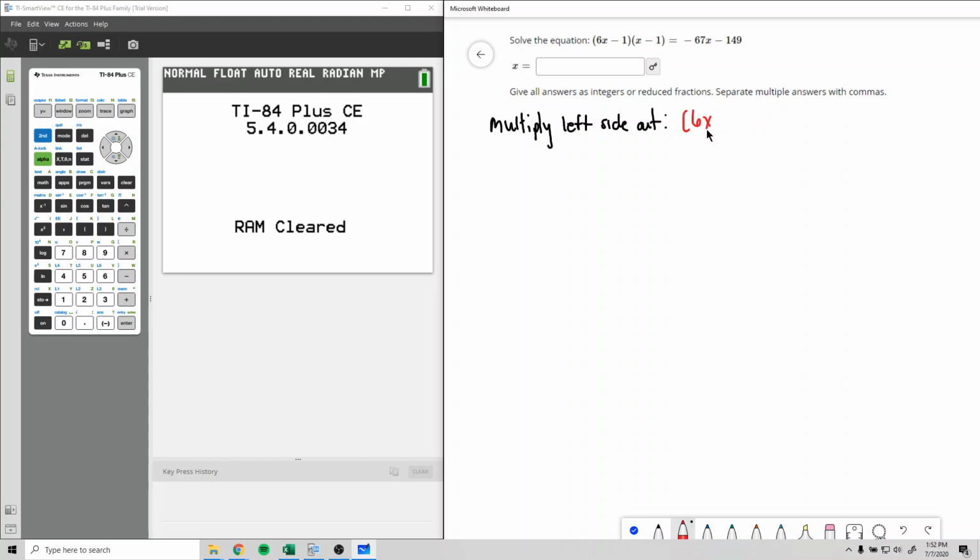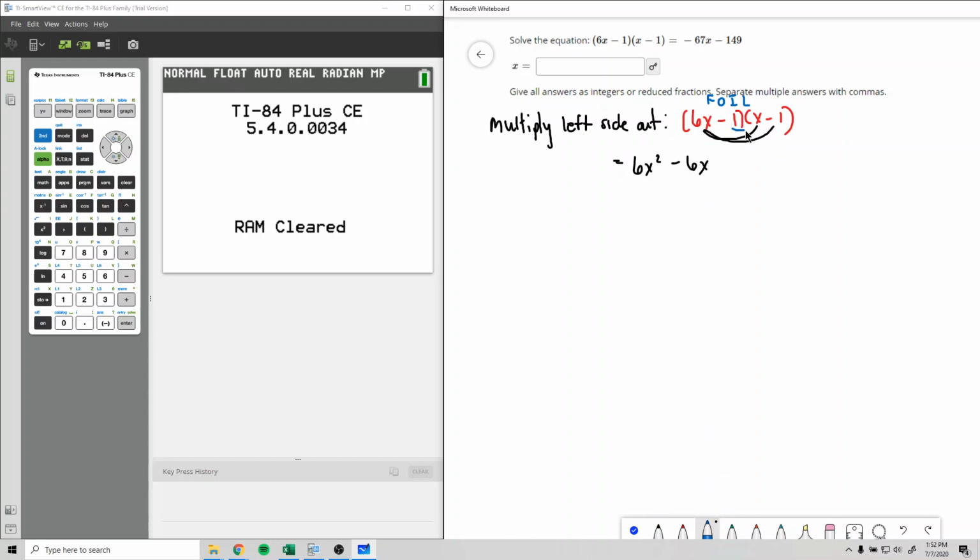So we've got (6x - 1)(x - 1), and we just use FOIL here. 6x times x is 6x squared. And then 6x times negative 1 is negative 6x.